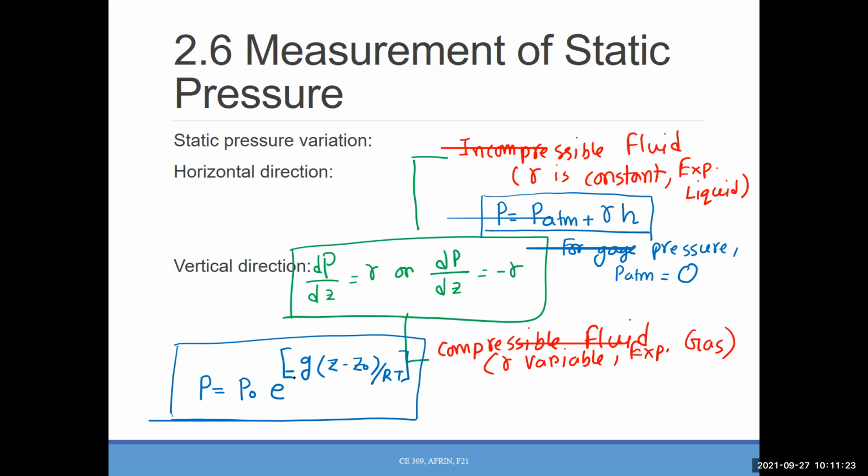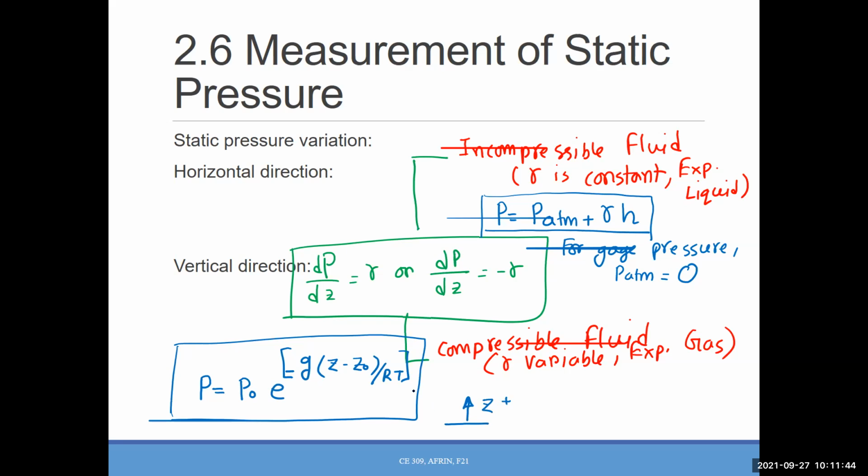Again, you are seeing a negative in front of G, right? Make sure you use that, and the G scale is going this way. If the G scale is going downward, you can use the positive sign, but for gas, it's always convenient to use this sign convention.